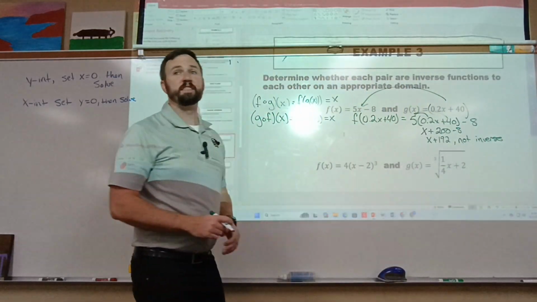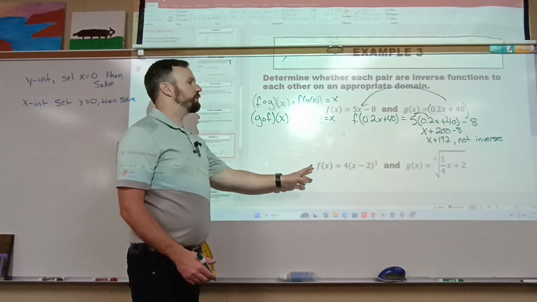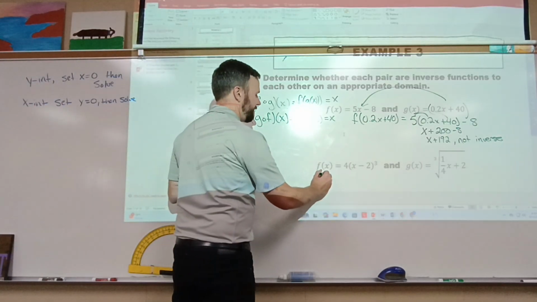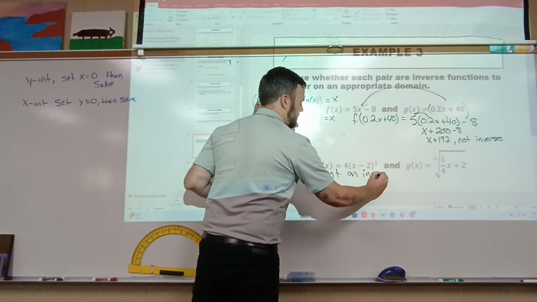I need to just get x by itself. x is not by itself. If x is not by itself, it's not an inverse. I'll show you an example of when it is an inverse. If you want to try this one on your own accord, this one is also not an inverse. It does not work.